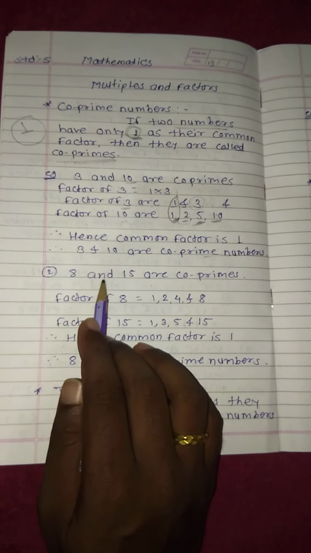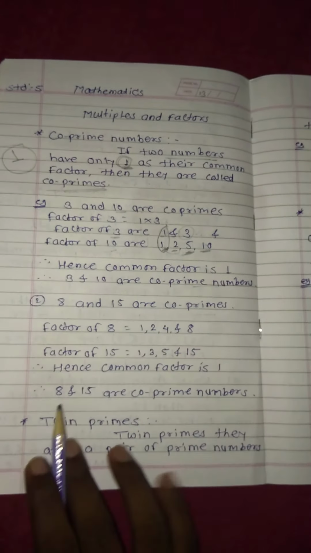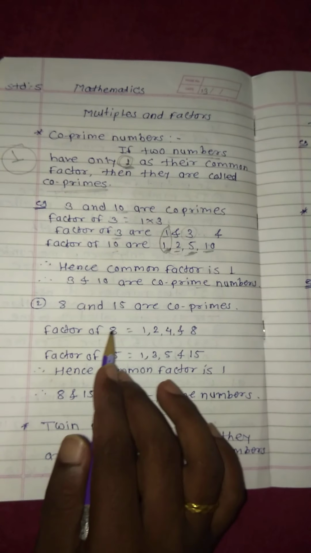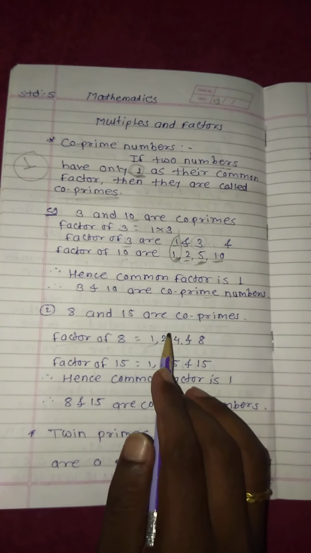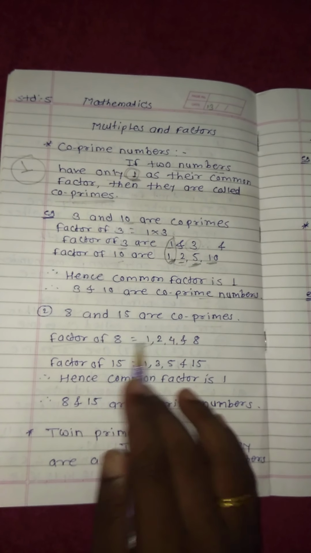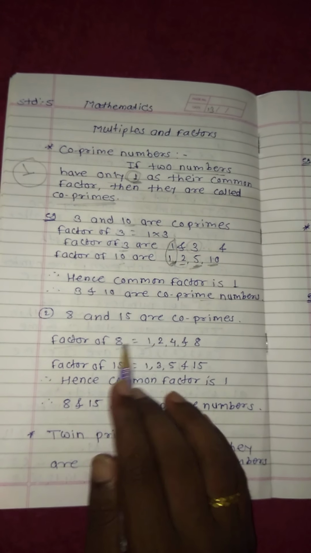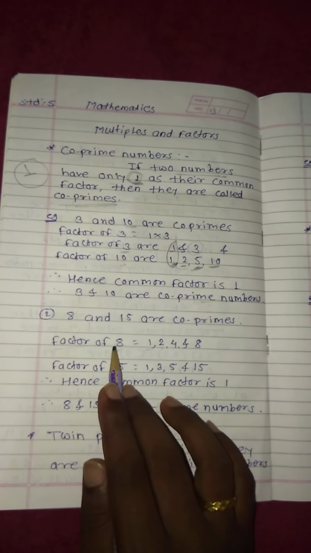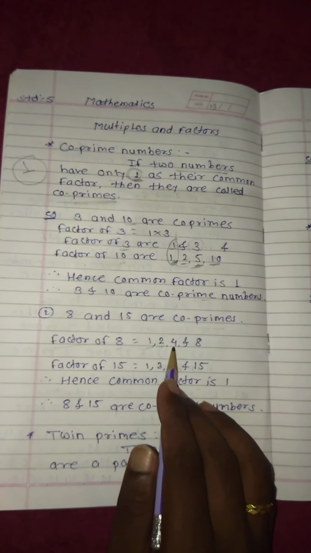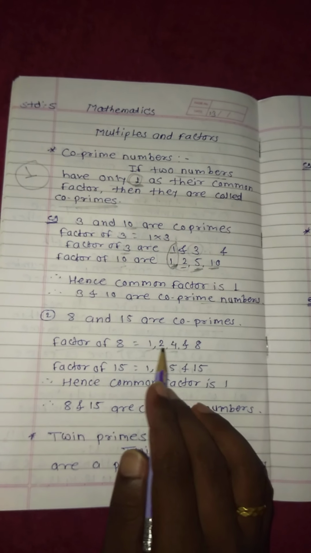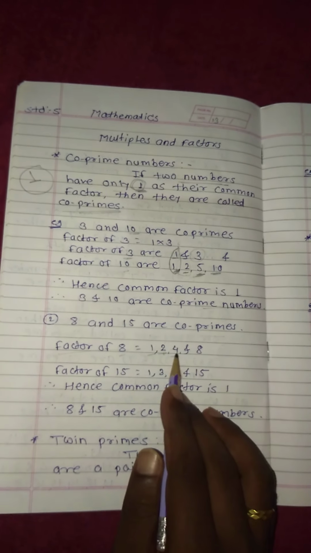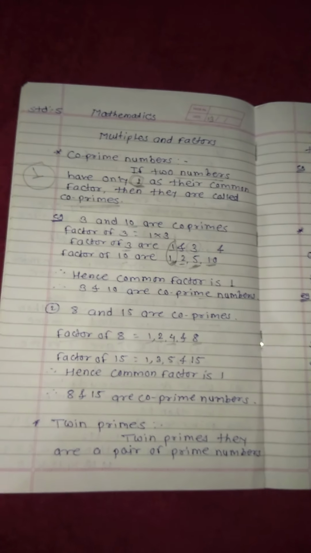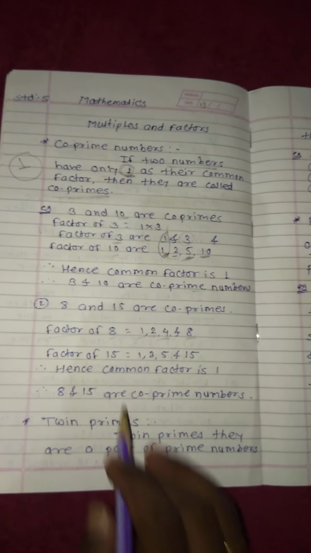Second example: we have to show that 8 and 15 are co-prime. Write the factors of 8. Everyone knows that 1 is a factor of every number. Since 8 is divisible by 2, in the table of 2 8 arises, so 2 is a factor of 8. In the table of 4, 8 is present, so 4 is also a factor, and 8 itself is a factor, because every number is a factor of itself.